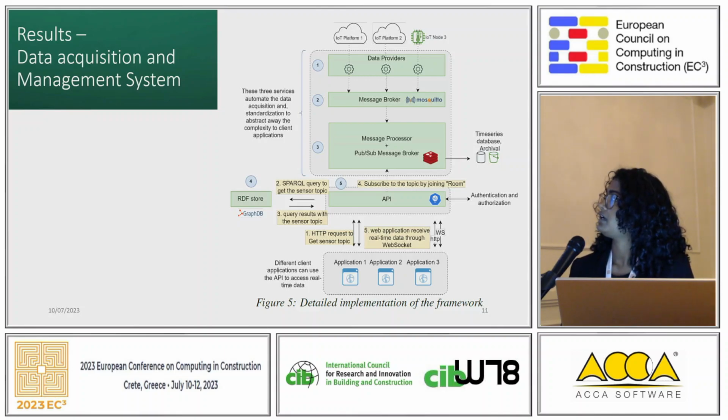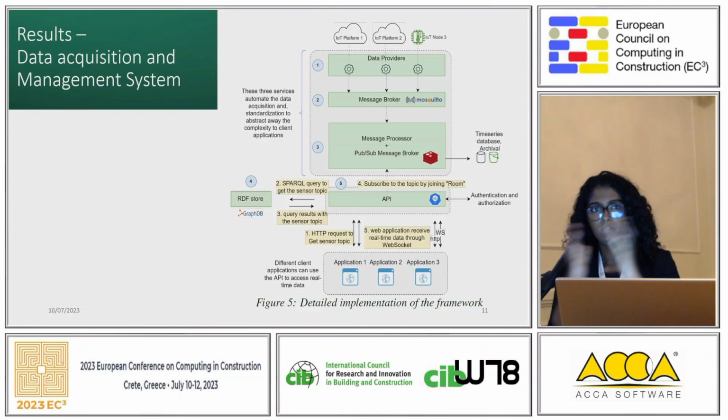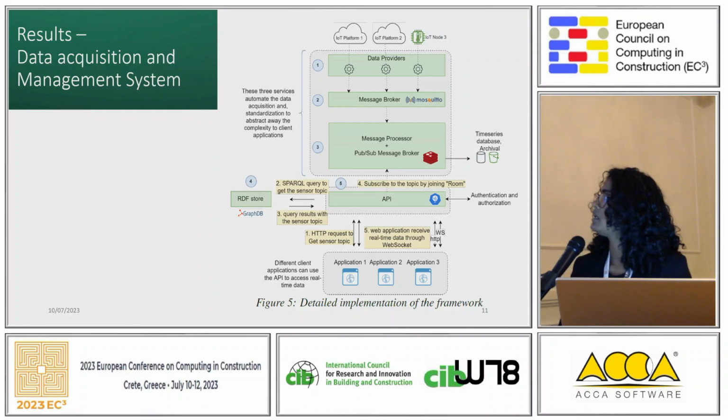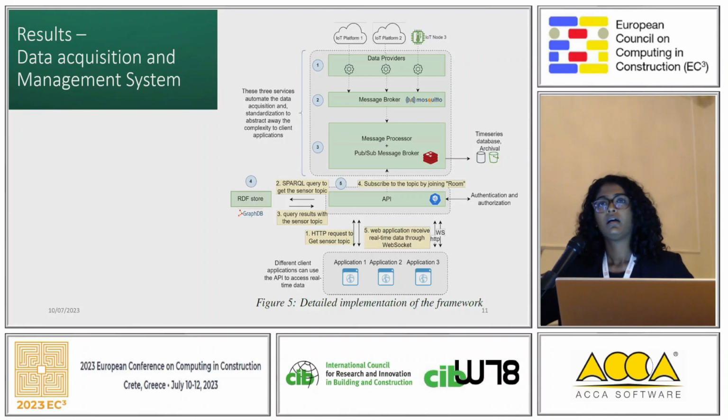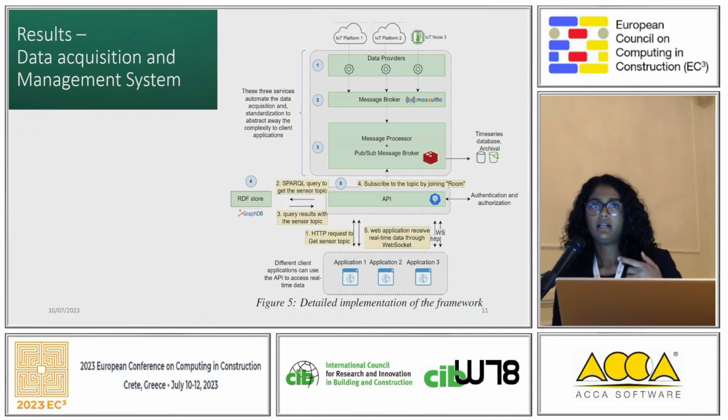In layer 3, we have the message processor, which translates the message to the uniform format that we need, plus the other message broker that these processed messages are published to. And at the bottom, we have the smart building applications. It could be a dashboard, it could be a digital twin, it could be a real-time prediction algorithm, which needs to access those real-time data at the top.